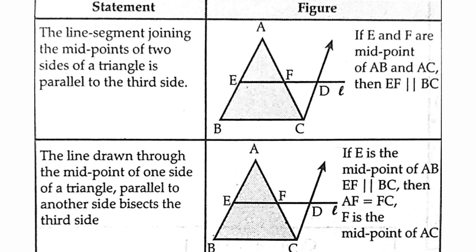Then we can say that EF is parallel to BC. Next, the line drawn through the midpoint of one side of a triangle parallel to another side bisects the third side. If E is the midpoint of AB and EF is parallel to BC, then AF is equal to FC. F is the midpoint of AC.